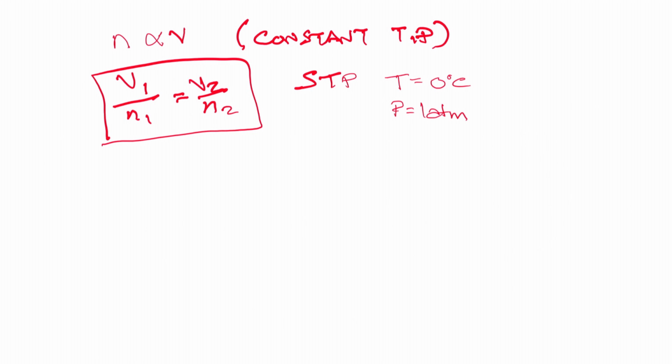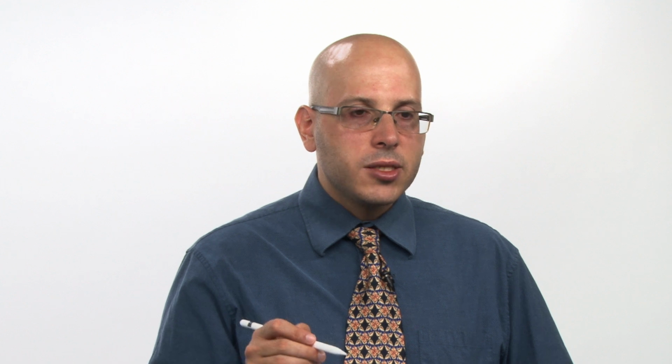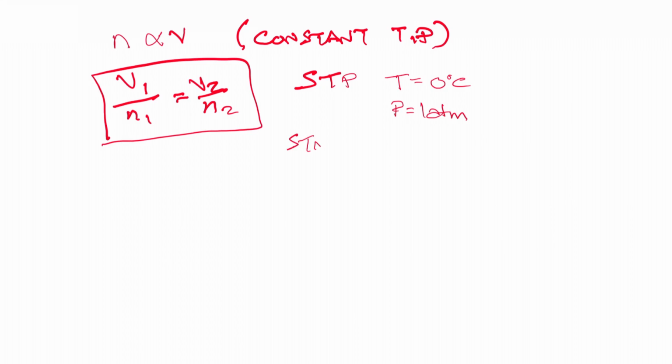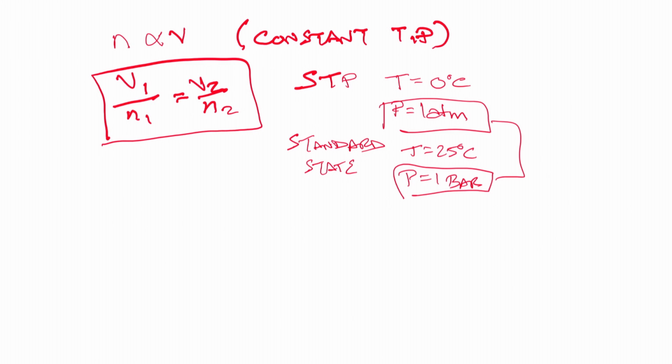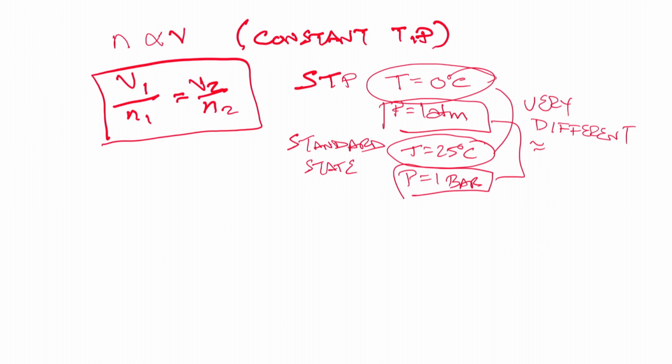Typically when you're doing problems with gases, you're going to be using STP. There's another state that we'll see in Module 7 for thermodynamics called standard state. In standard state, the temperature is 25 degrees Celsius, and the pressure is 1 bar. The pressure being 1 bar is almost exactly the same as 1 atmosphere, but the big difference is the temperature. 0 degrees Celsius is very different from 25 degrees Celsius. So you have to be careful when you're doing these problems to make sure that you're using the right state, whether it's standard state or STP.